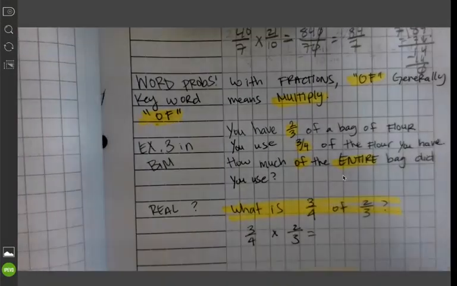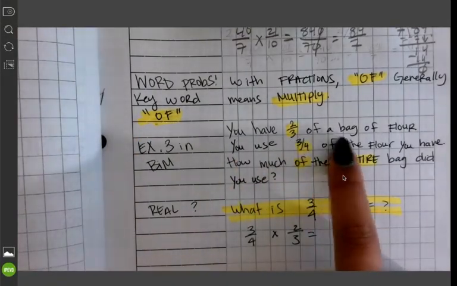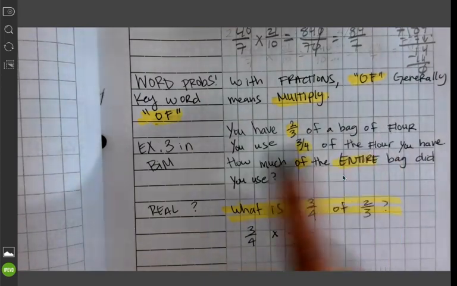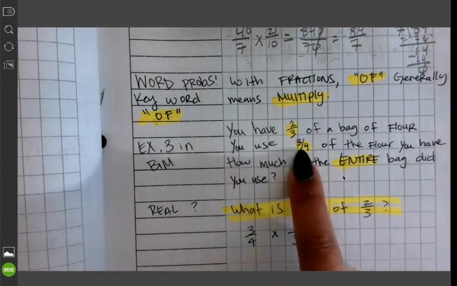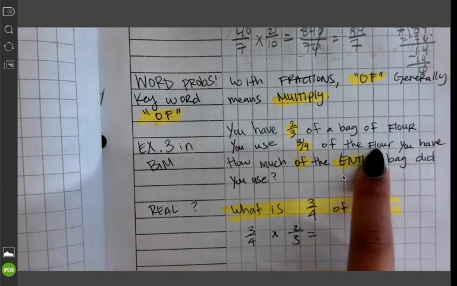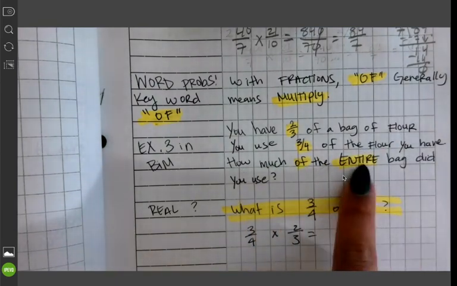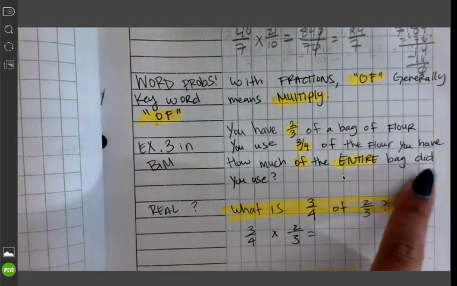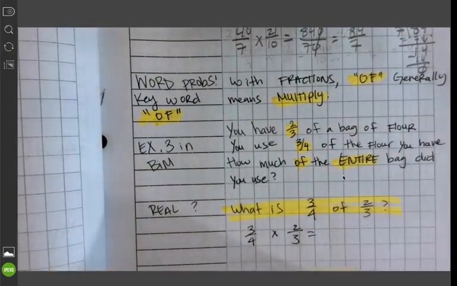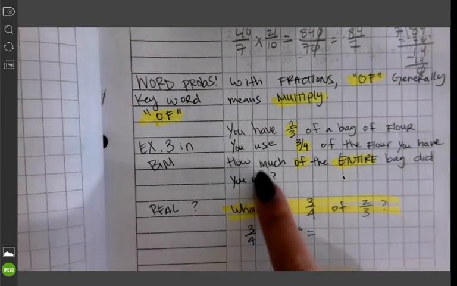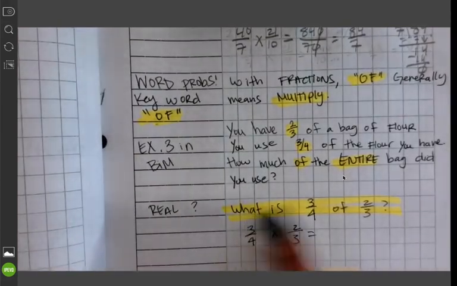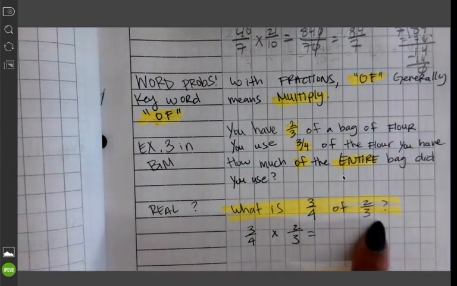You have 2/3 of a bag of flour. You use 3/4 of the flour that you have. How much of the entire bag did you use? Right? So the question really is, what is 3/4 of 2/3?